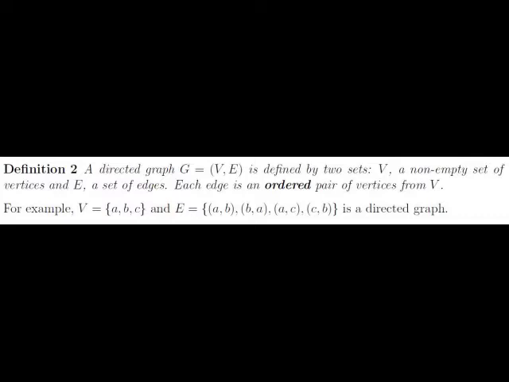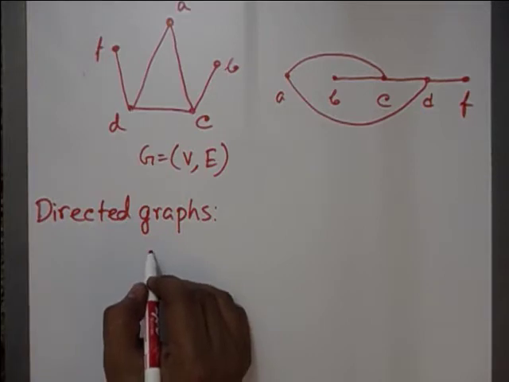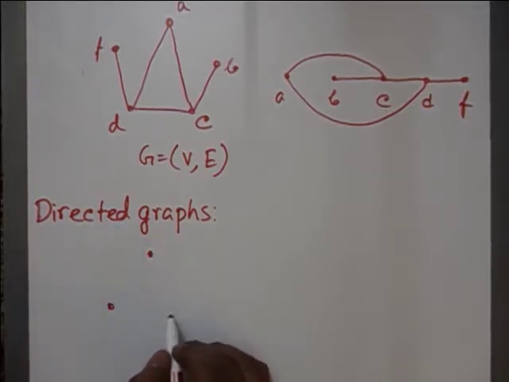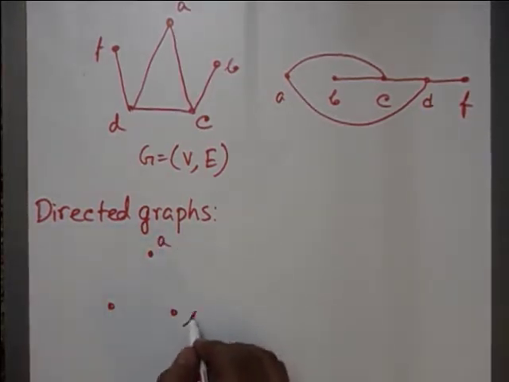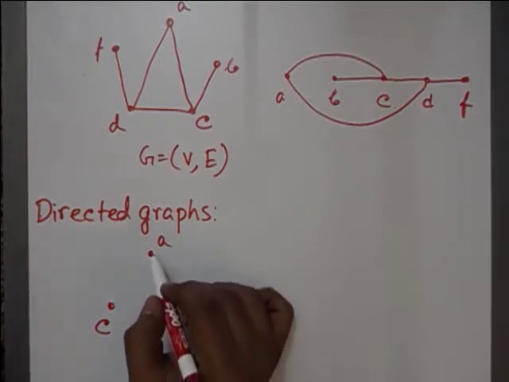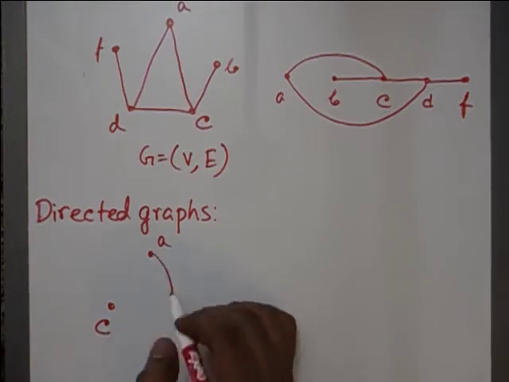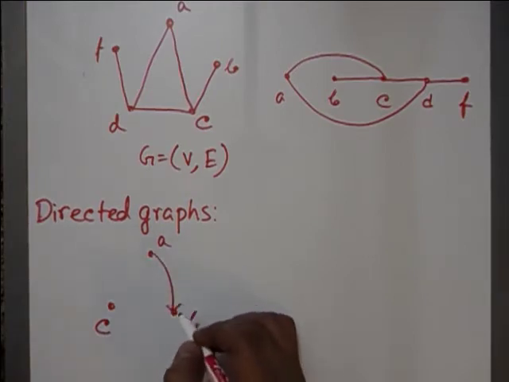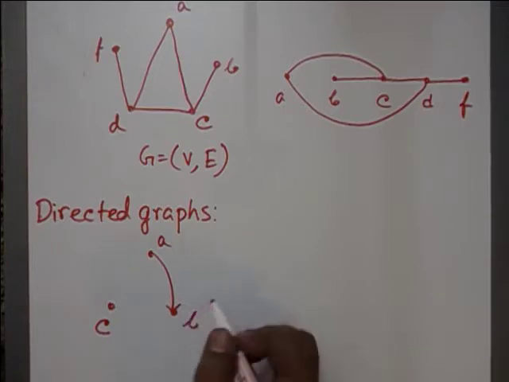So for example, let's take this graph where V is A, B, C. So A, B, C. These are our vertices. And E is, first edge is A, B. Since they are ordered, to represent the order of the vertices inside that edge, we use an arrow.